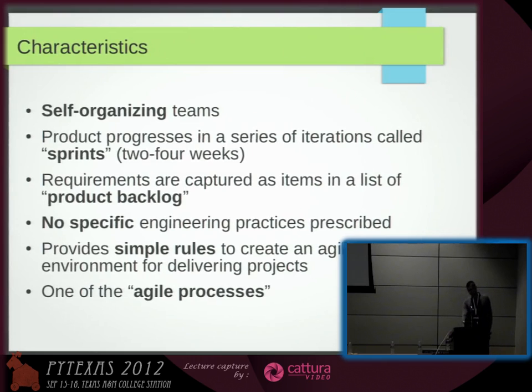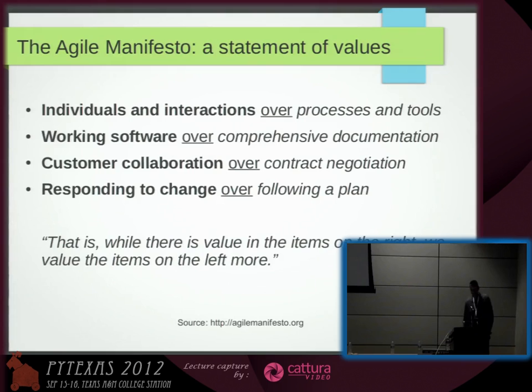Scrum does provide a set of simple rules to create the agile environment, and it's one of the agile processes. As far as agile processes, I encourage everybody to check the agilemanifesto.org website. What's taken here is the statement of values that's common for all agile processes.